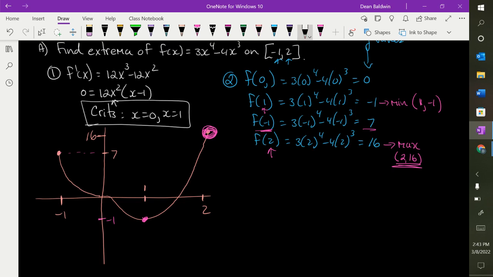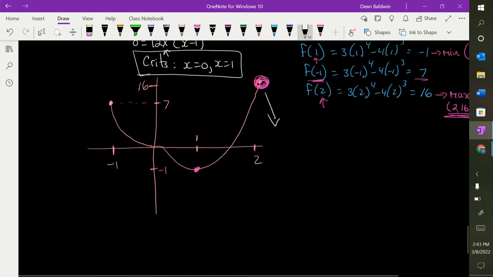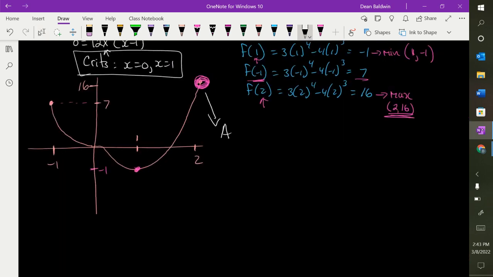And the other thing that I want to point out is this, because it's the largest in the whole function, is called an absolute or a global max.